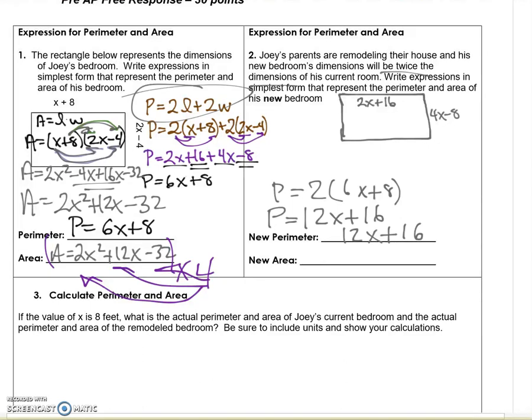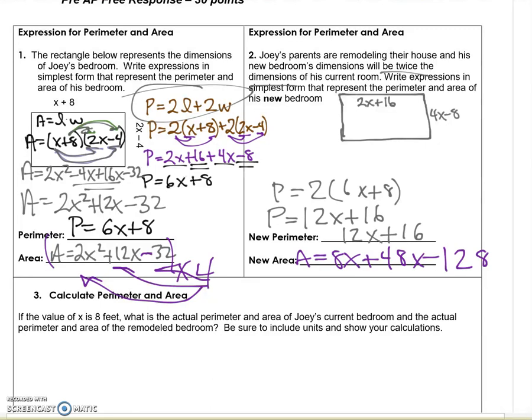I would get an area equal to 8x squared, and then 12 times 4 is 48, so that's 48x. And 32 times 4 is 128, so that's a negative 32 that I'm multiplying, so minus 128.